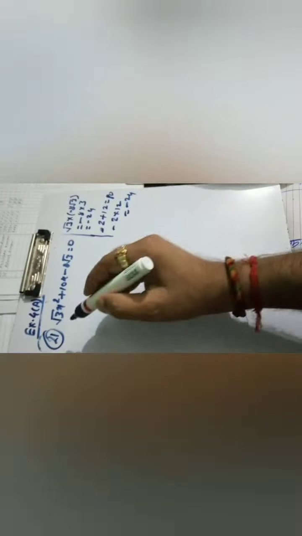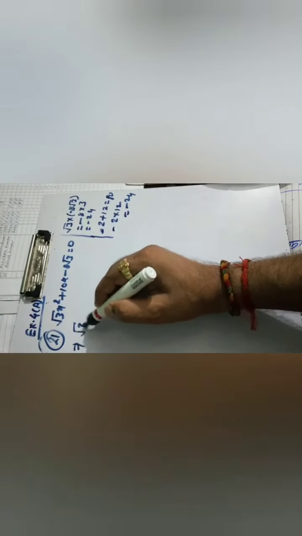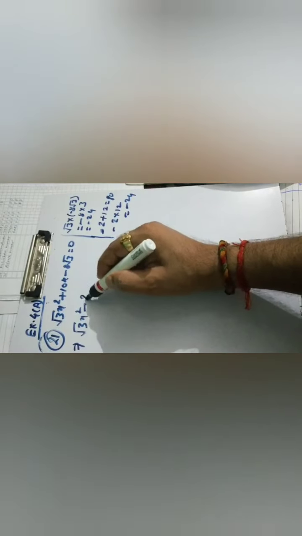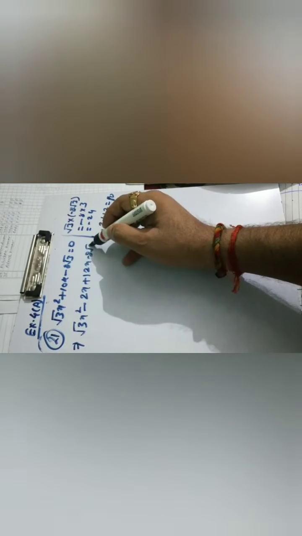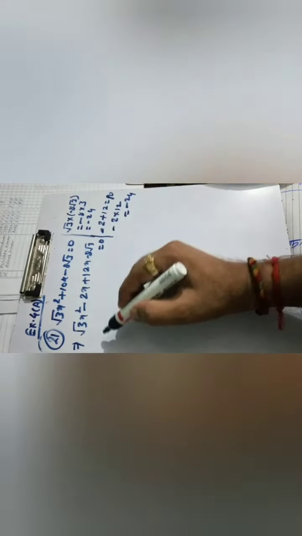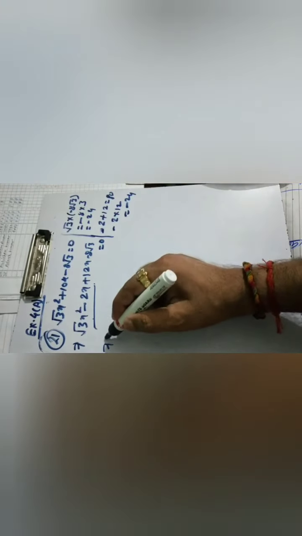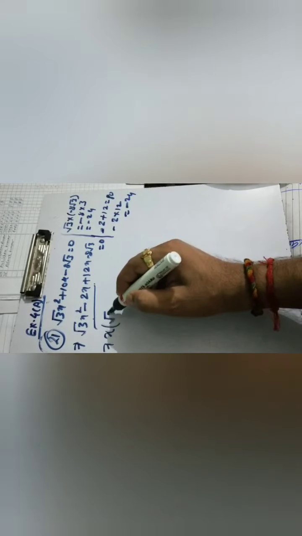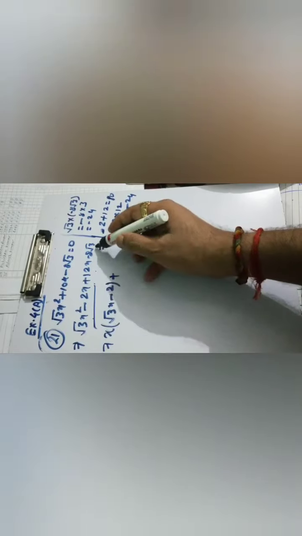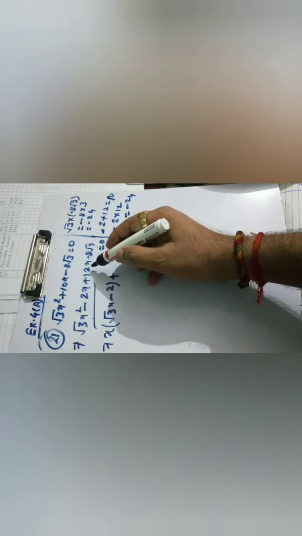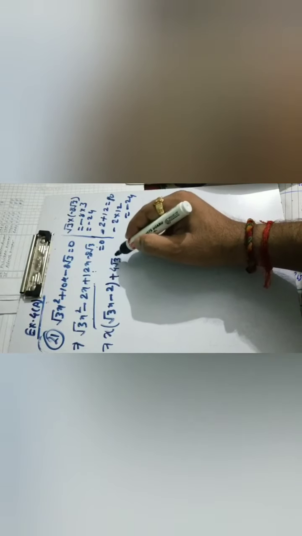Minus 2 plus 12 will be equal to plus 10, and minus 2 into 12 will be equal to minus 24. So this can be factorized as root 3x square minus 2x plus 12x minus 8 root 3 is equal to 0. Now in the first two terms, x is common. Here root 3x will be left and minus 2, and in these two terms 4 is common, and root 3 is also common.